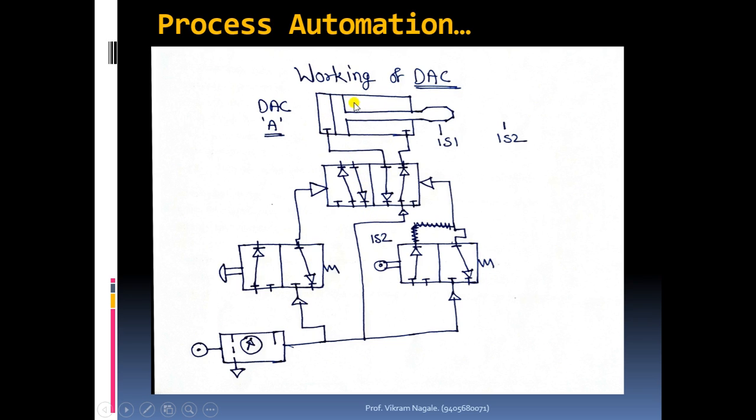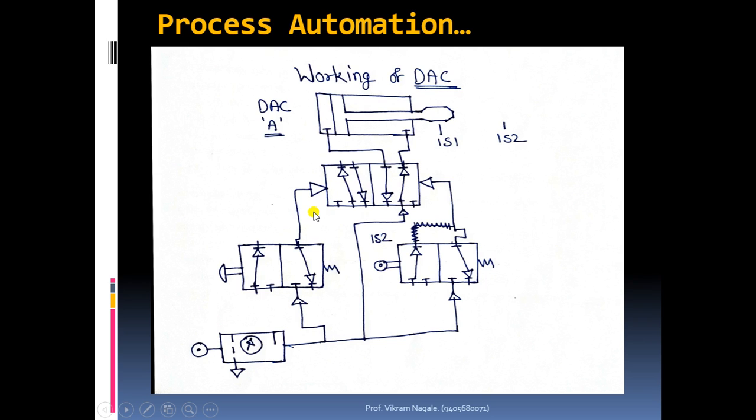Whenever we connect the left side block, we will get extension of the cylinder, and whenever we activate the right side block, we will get retraction of the cylinder. So left block, extension of the cylinder; right block, retraction of the cylinder. You have to remember this.